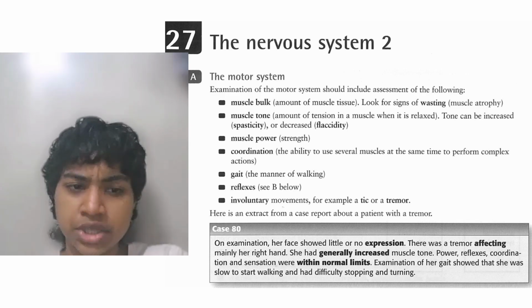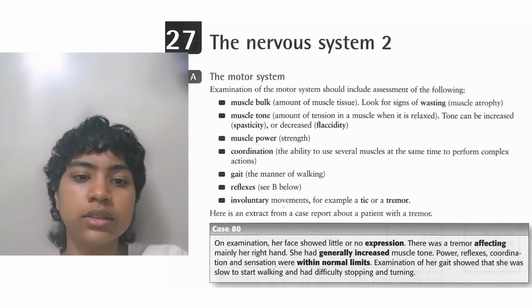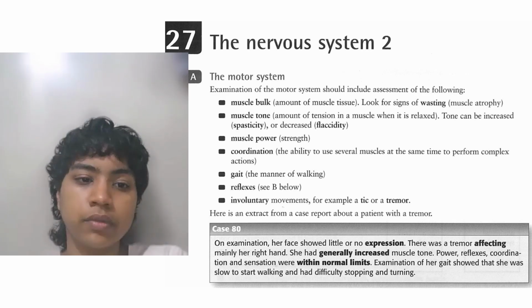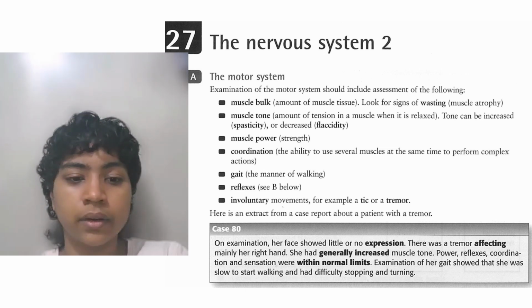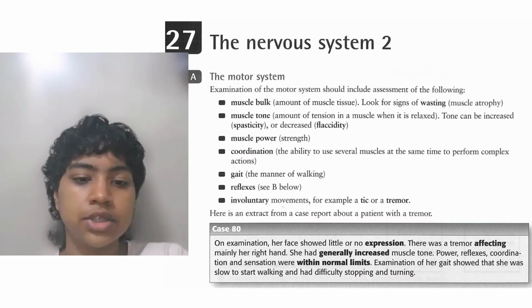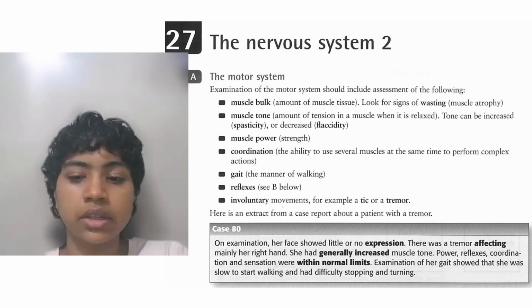She had generally increased muscle tone; power, reflexes, coordination, and sensation were within normal limits. Examination of her gait showed that she was slow to start walking and had difficulty stopping and turning.